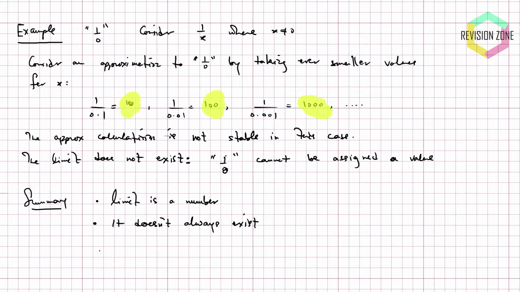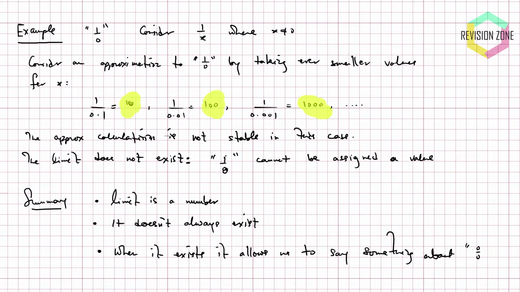When it exists, it allows us to say something about a calculation of the form 0 over 0, right? But when we say that, we don't say the answer is equal, we say the answer tends to, okay? And lastly, we calculate it using approximations.